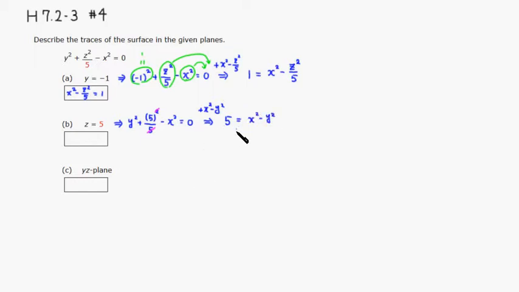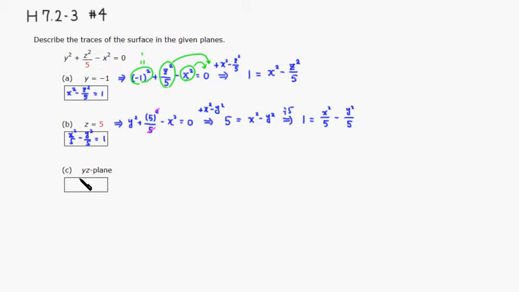Divide through by 5, then you get 1 is equal to x squared over 5 minus y squared over 5. This is another hyperbola if you cut it by z equals 5. So I'm going to write it as x squared over 5 minus y squared over 5 is equal to 1.